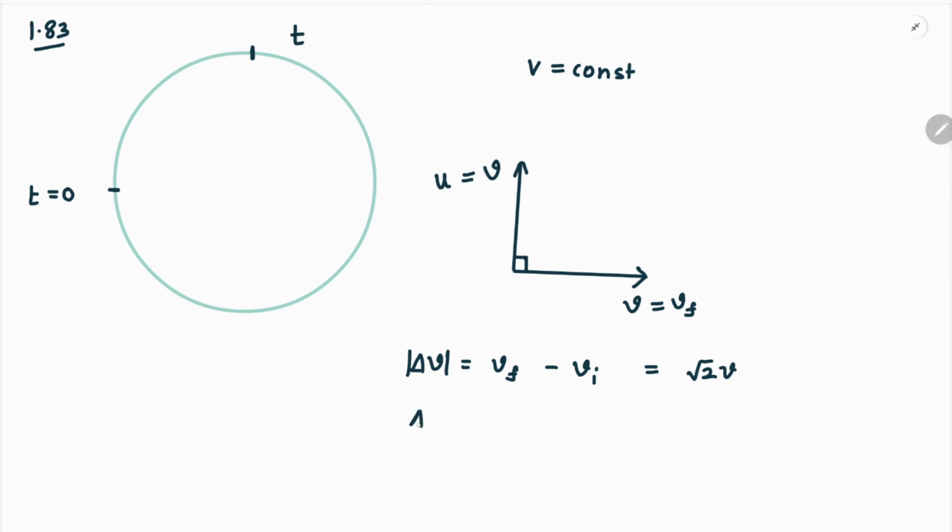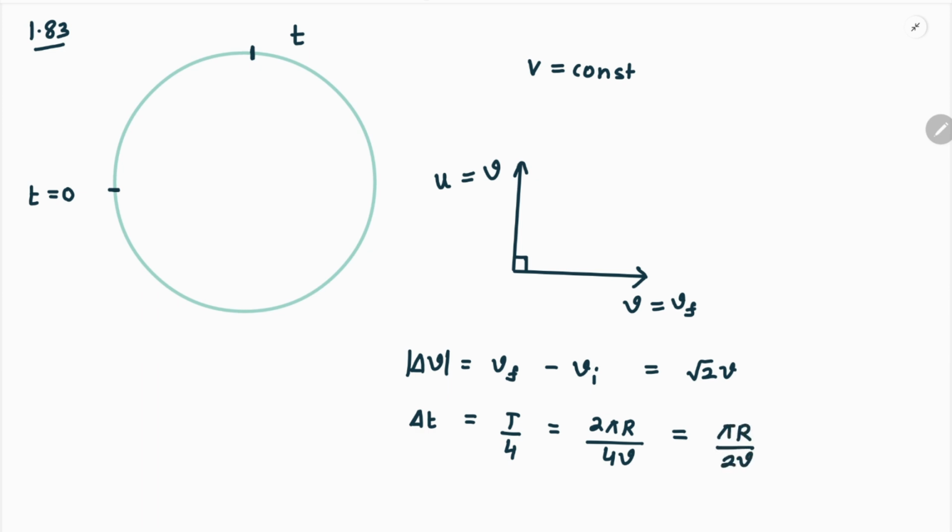Now in order to conduct this motion, it will take a time T by 4, where T is the total time to cover the entire circle, that is 2 pi r by v, into 1 by 4. So we write it as pi r by 2v.